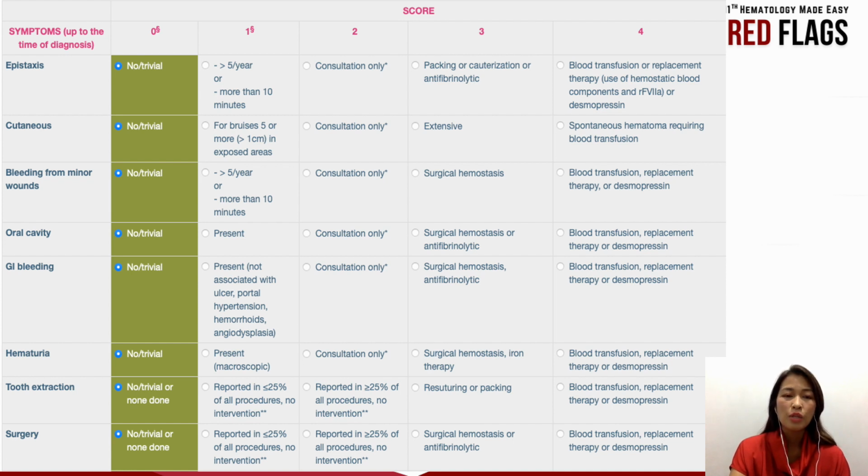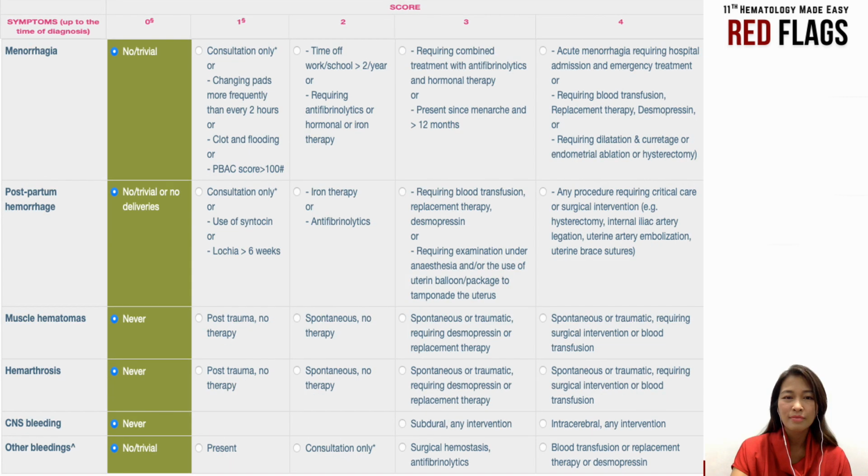So in this tool, the patient is assessed for the presence and severity of epistaxis, cutaneous bleeding, bleeding from minor wounds, oral cavity, GI bleeding, hematuria, tooth extraction, surgery, menorrhagia, postpartum hemorrhage, muscle hematomas, hemarthrosis, CNS bleeds, and other bleeding. It is considered abnormal if the score is at least 4 in males and at least 6 in females.